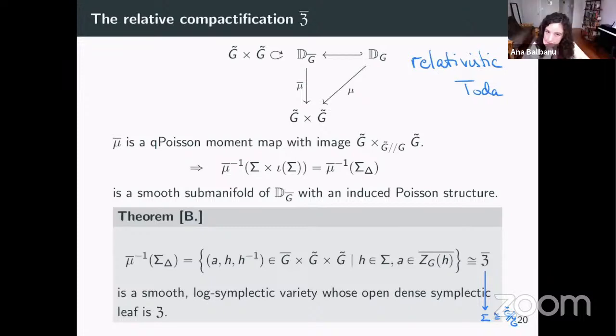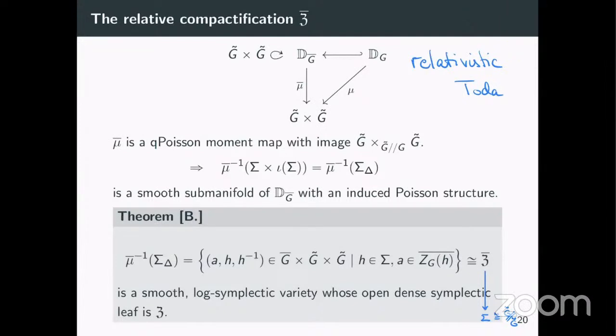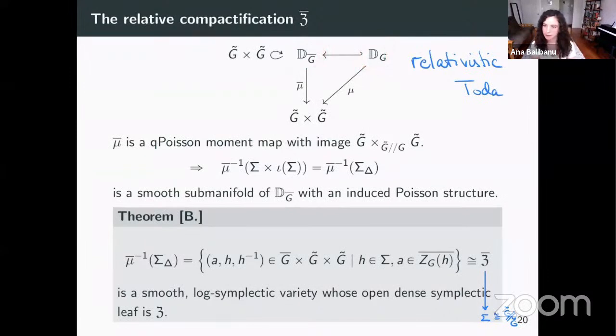I can say several things. The first thing is that on the double and the logarithmic double, it's possible to write down the quasi-Hamiltonian two form on DG, which is going to extend to a log quasi-Hamiltonian two form on DG bar in very explicit ways, using the Hamiltonian vector fields for the group action, in the same way that is normally done.